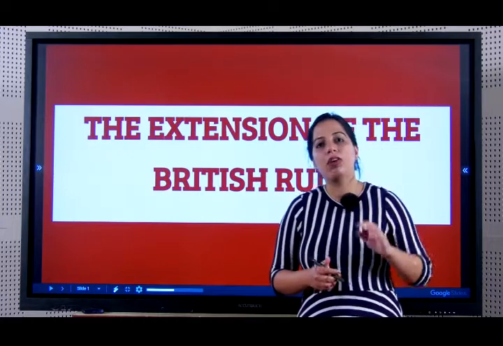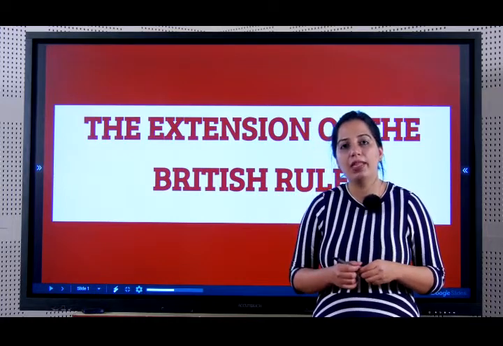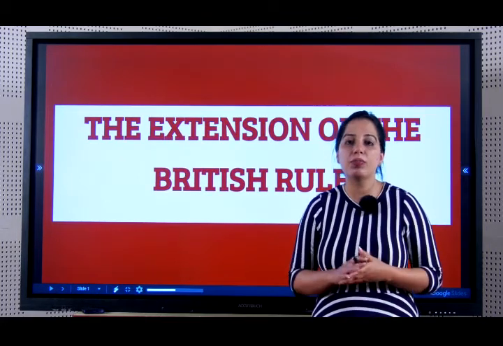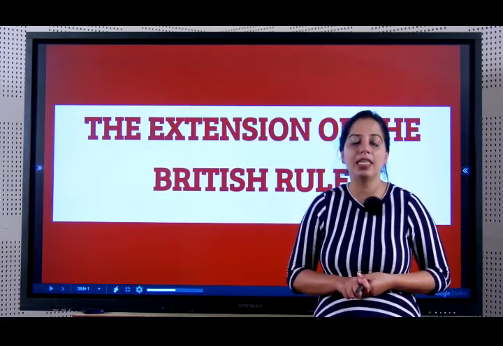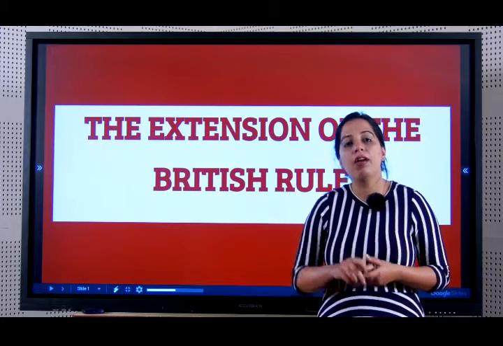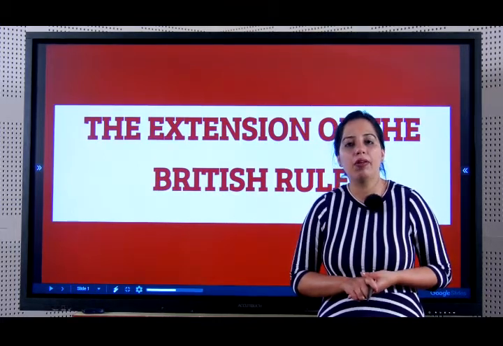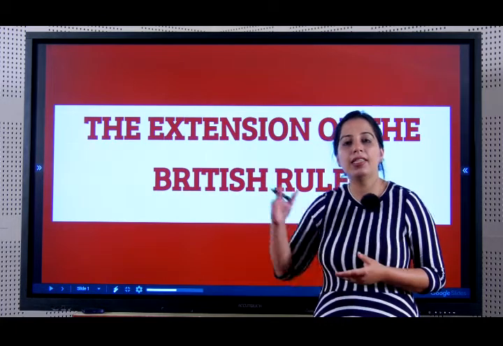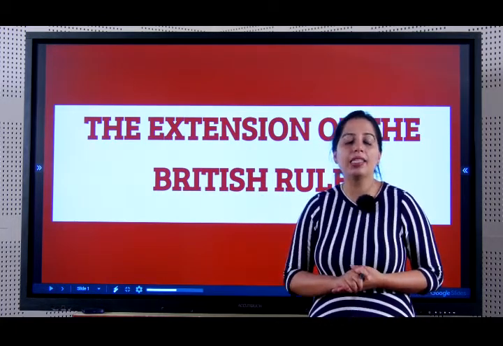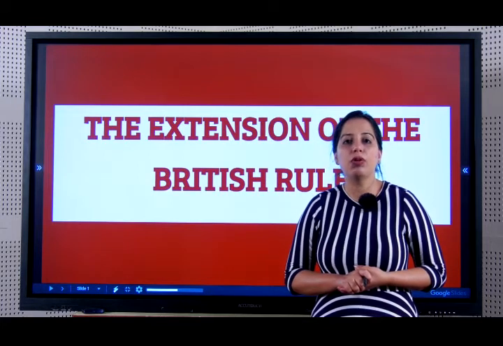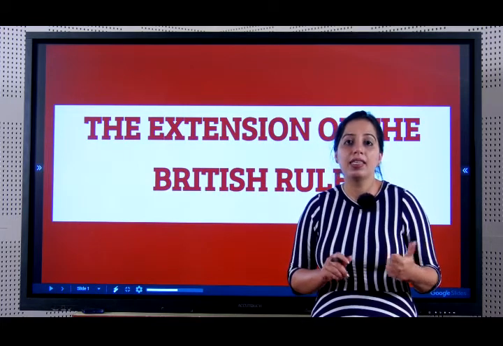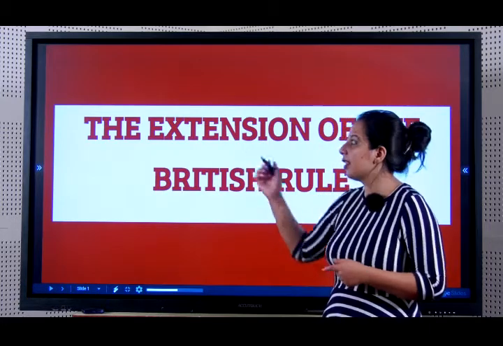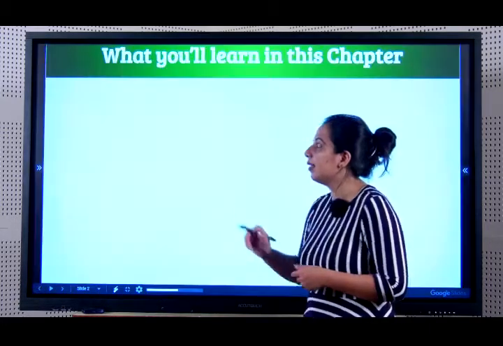We also saw how the British won the 3 Carnatic Wars and established their supremacy in southern India. We also saw how they conquered Bengal through the battles of Plassey and Buxar. In this chapter, we will look at how the British are going to occupy the Maratha kingdom and the kingdom of the Sikhs. Let's go ahead and learn.